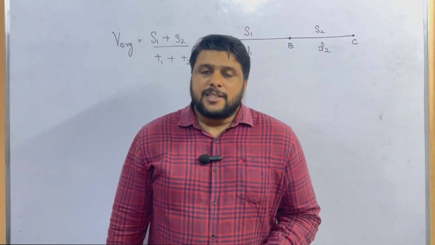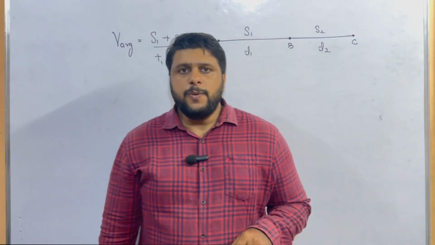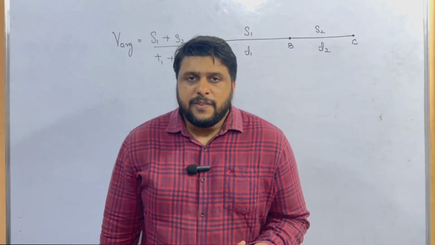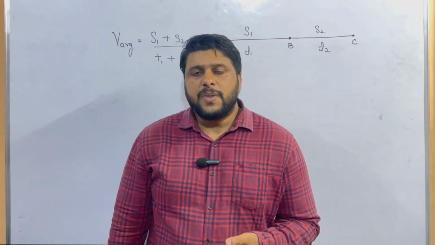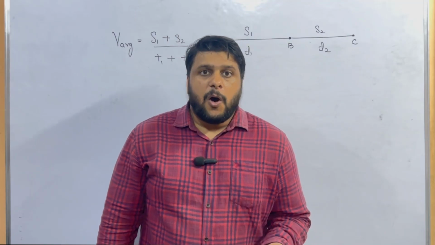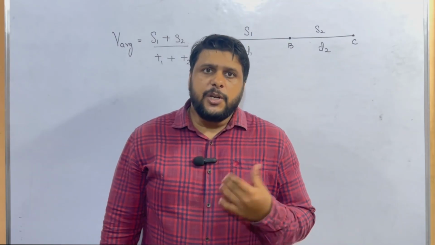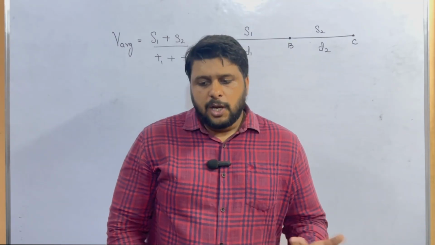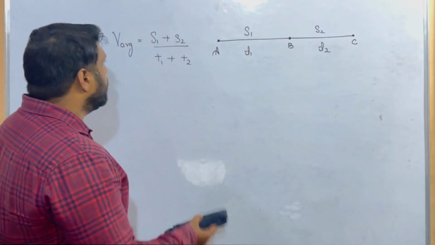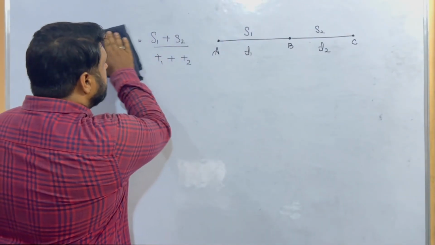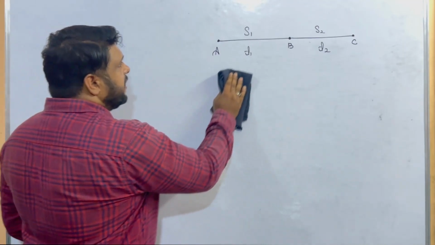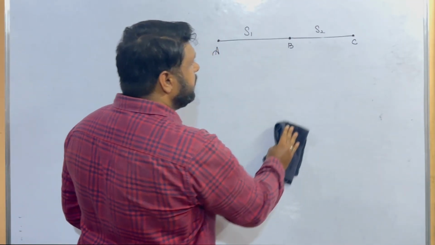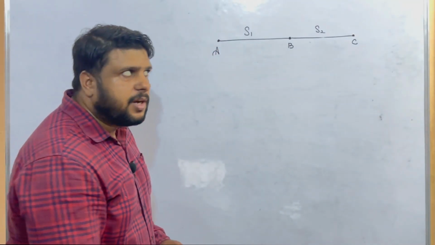But sometimes they are not going to ask you these direct questions. Either they will give you velocity instead of time, or velocity instead of distance, and there you have to convert these formulas. I will show you one more case. We have to find V average, and instead of time they have provided the velocity.